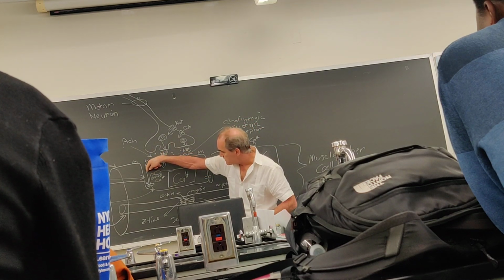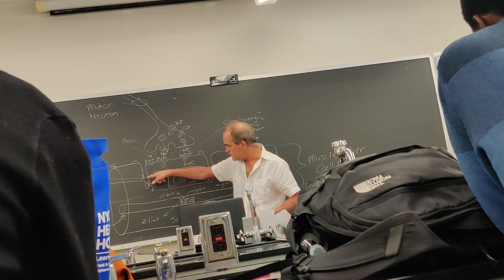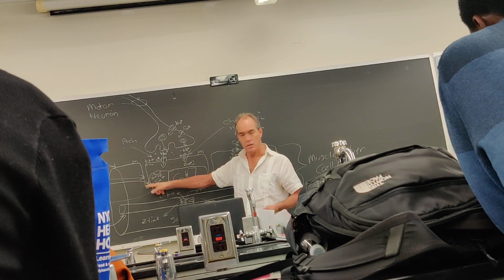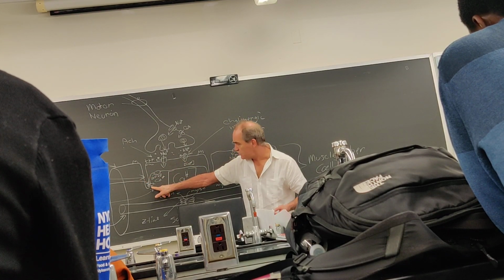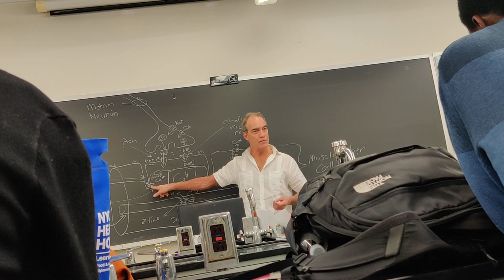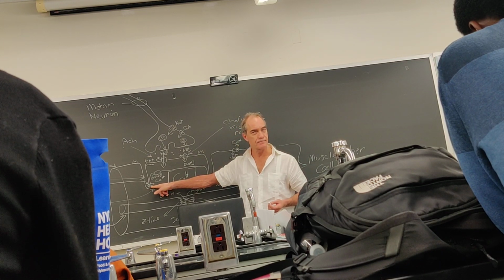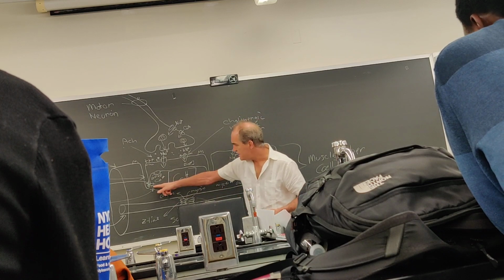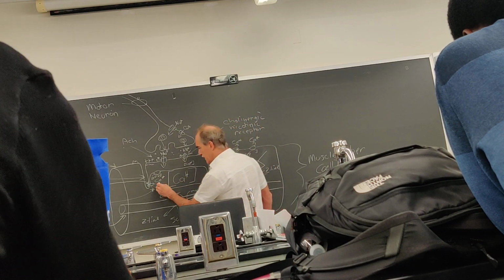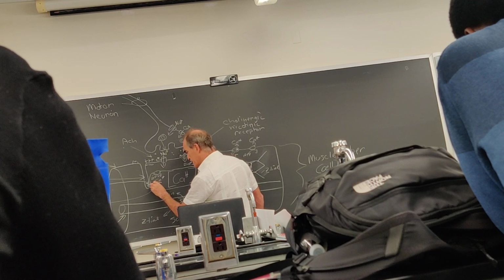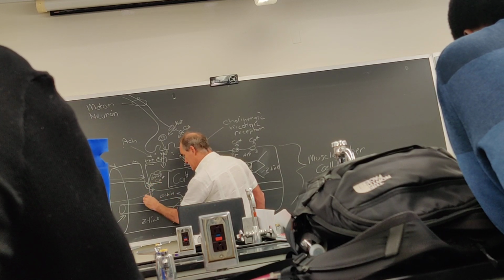The action potential goes down into the inside of the cell via the T-tubule. And when the action potential reaches the dihydropyridine ryanodine channel, it causes it to open. And once it is open, now calcium can diffuse from the sarcoplasmic reticulum into the cytoplasm.